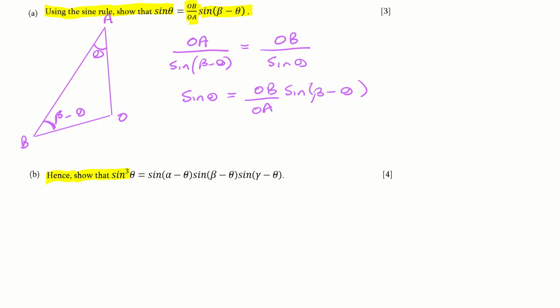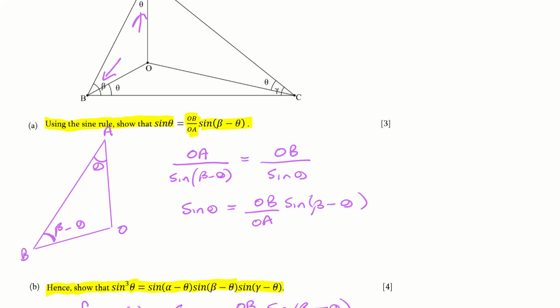Hence, show that sine cubed theta is sine alpha minus theta, sine beta minus theta, sine gamma minus theta. Well, from part A, sine theta is equal to OB divided by OA sine beta minus theta.